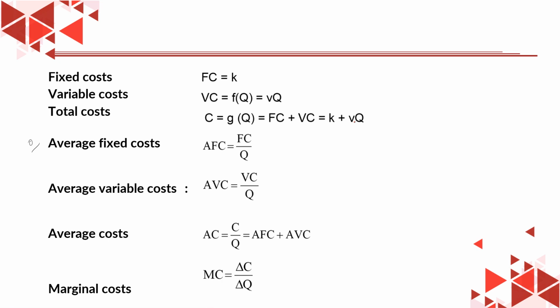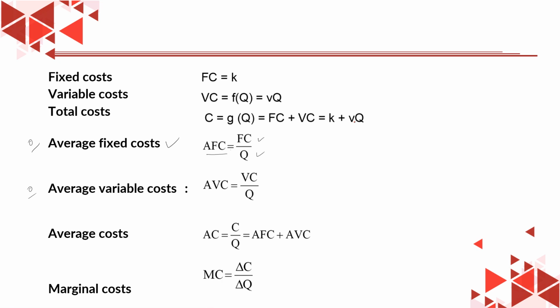Now this is the average cost that I have mentioned before. The average cost can be divided into average fixed cost, symbolized by AFC, and AFC is equal to fixed cost over Q. Next one is the average variable cost.